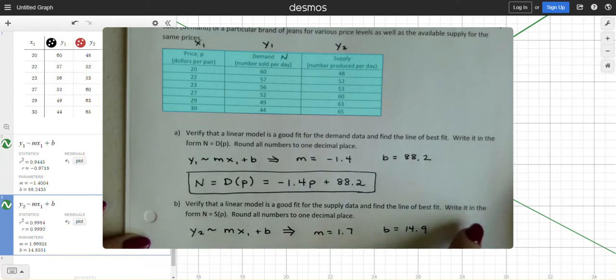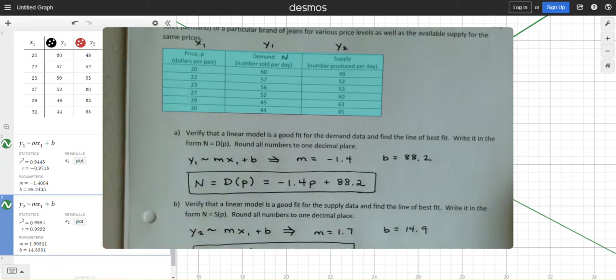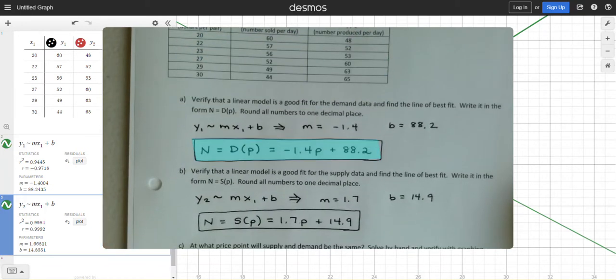All right, this time we want to write this in the form N equals S of p. So that would be 1.7 times the input variable, p, plus 14.9. We'll talk just a little bit again about naming conventions.